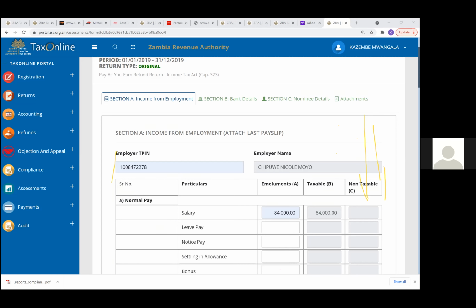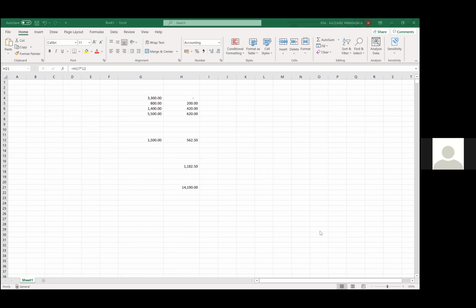Okay, let me share my Excel sheet. Are you able to see my Excel sheet now?